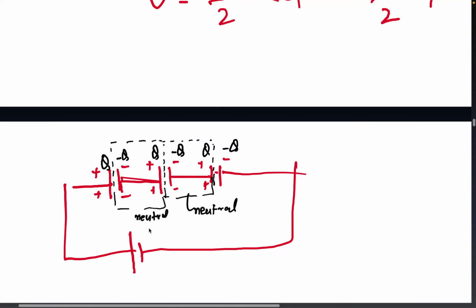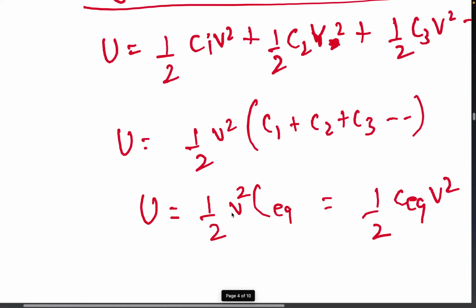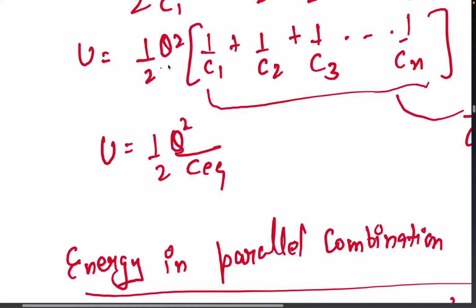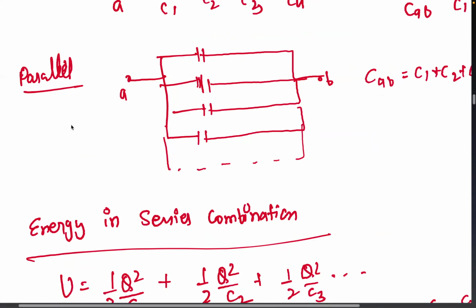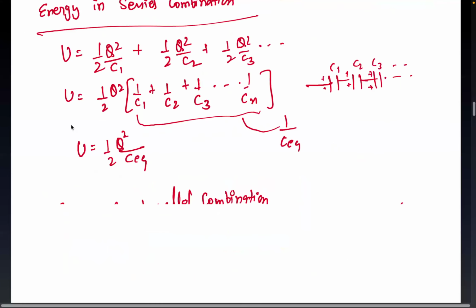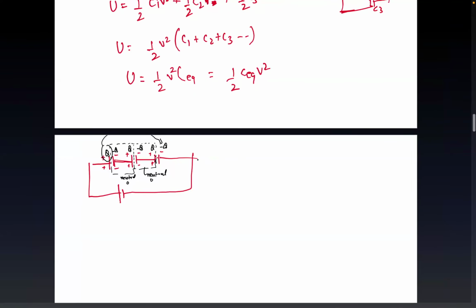That's the reason this has zero charge, this has zero. What is the final charge you can see? Outer and this. So that's why we are saying even though we have a lot of equivalent capacitances, we have just a single charge which we can notice, because all the internal charges get neutralized by the negative and positive of the first and the other one. Any doubt till here?